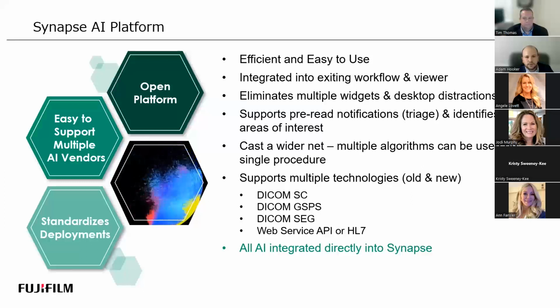Instead, what we're working to do is have those standardized within the platform itself. What's nice about this platform is it also supports some key features, such as being able to pre-read the studies and start identifying those areas of interest. And then we can use that information to begin to triage the study ahead of the time that the cardiologist or radiologist is ready to read it.